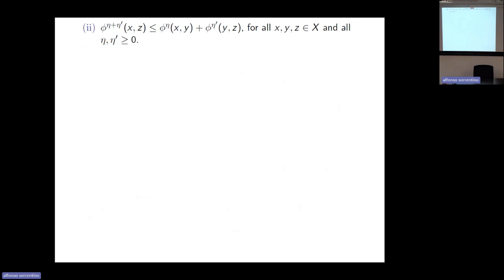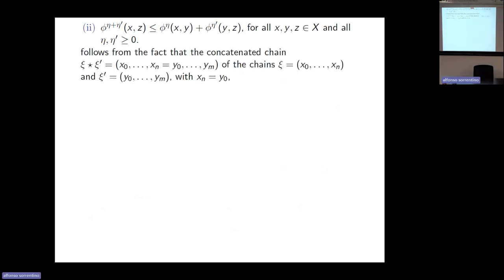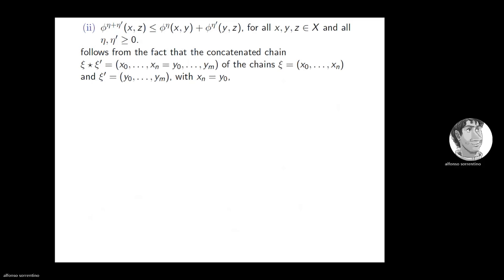Now we want to prove this kind of triangle inequality, but this is quite easy. Take a chain psi and a chain psi prime such that psi ends where psi prime starts, then you can put the two chains together. It's a concatenated chain; here you just take this as one point.